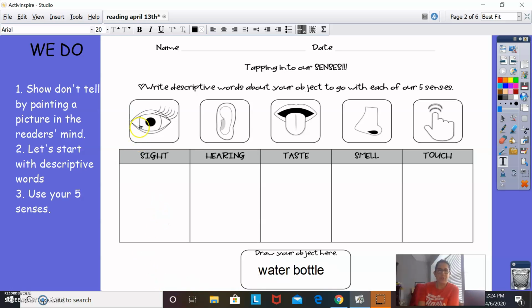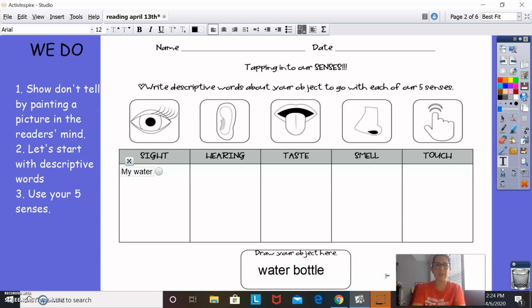Now, we're going to use our 5 senses if we can, if they apply, to describe our object. So I'm going to describe my water bottle first by using my sense of sight. And got to make my words smaller. And I want you to notice how I am going to use complete sentences with punctuation and, of course, a capital letter at the beginning of our sentence.